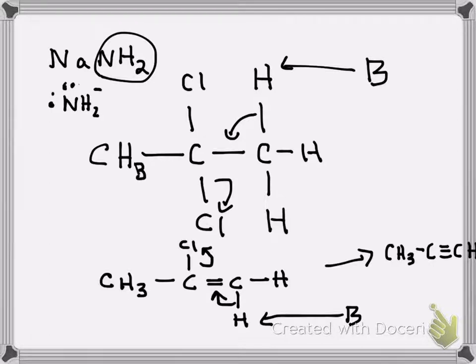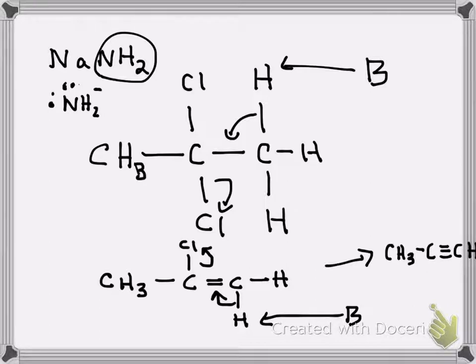Very strong base. pKa of ammonia is like 35. So its conjugate base is very, very strong, okay? Because as an acid, we usually think of ammonia as a base, right? But ammonia as an acid is very, very weak, and as a result, its conjugate base is strong. Okay? So that's the kind of base that you need to complete this reaction.